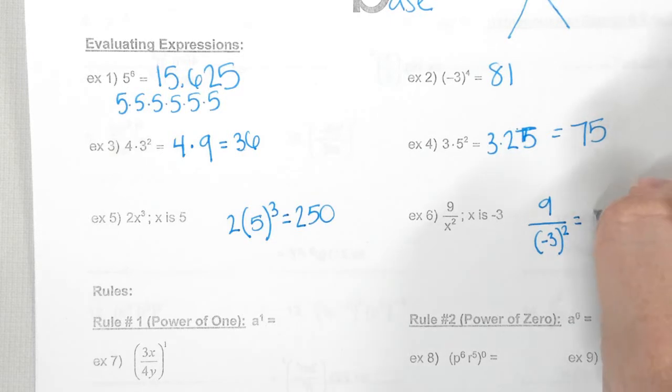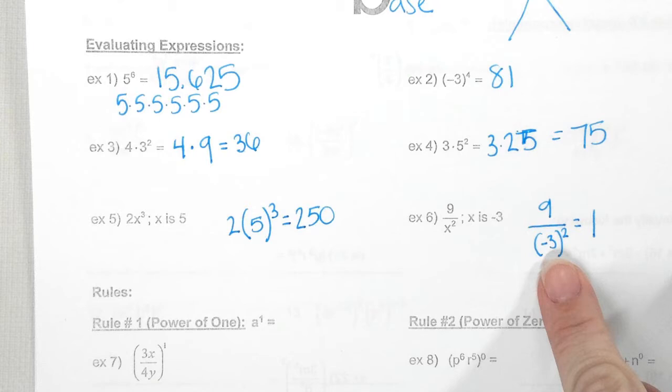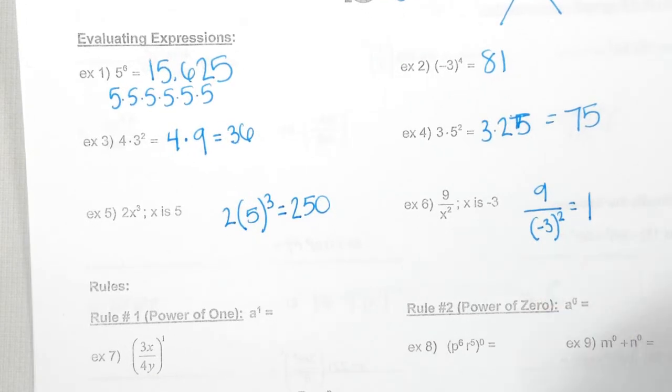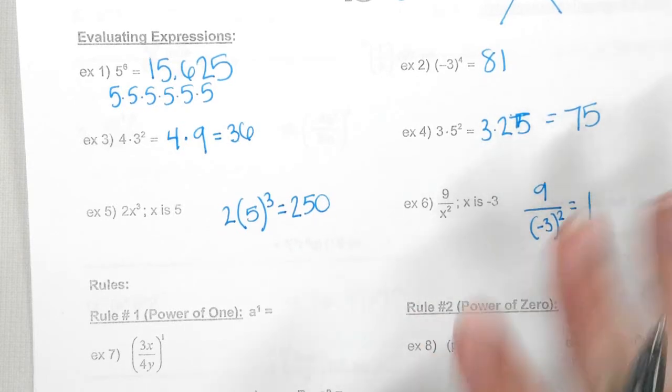Did anybody get negative 1? No? Okay, so I've had a couple people today tell me negative 1, and it's because they forgot to use parentheses. If you plug in a negative base without parentheses, it's not going to recognize a negative number, okay? So make sure you use parentheses. Any questions with those? We like those, okay?